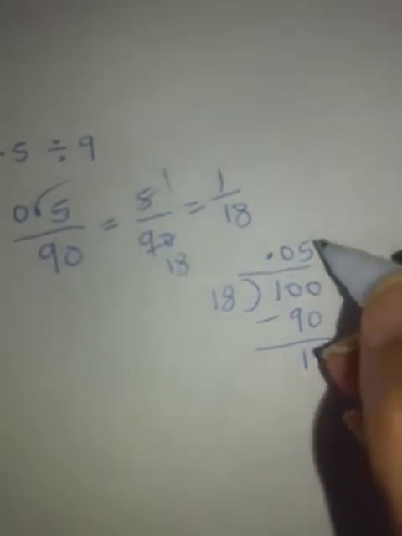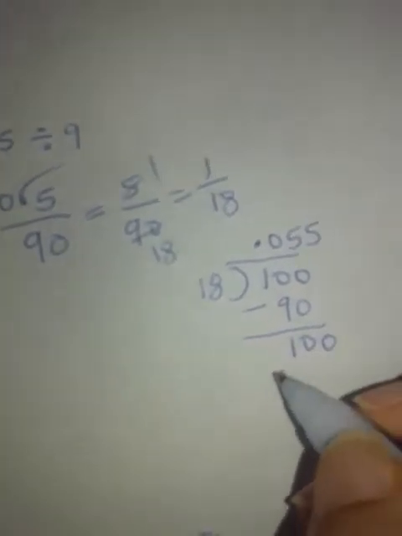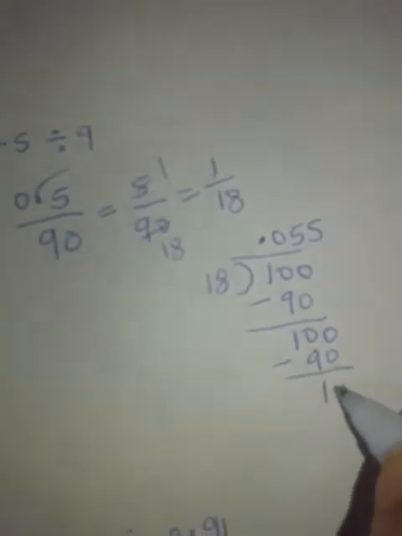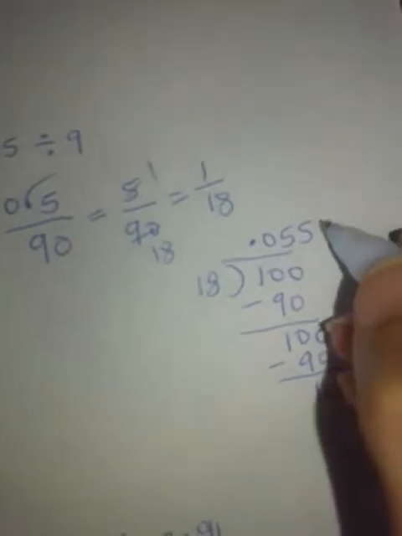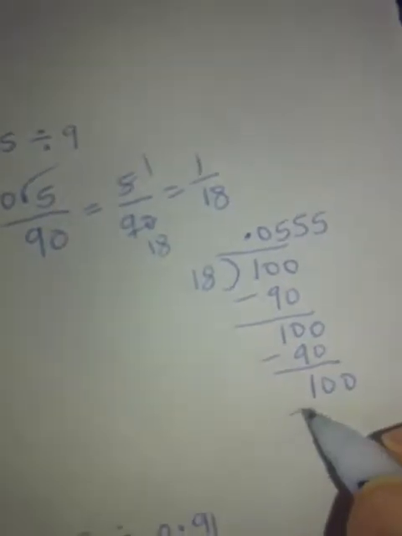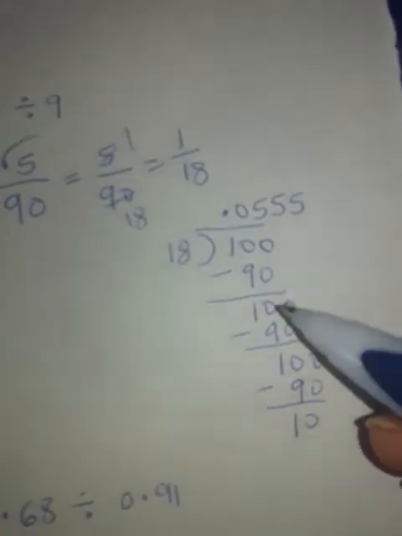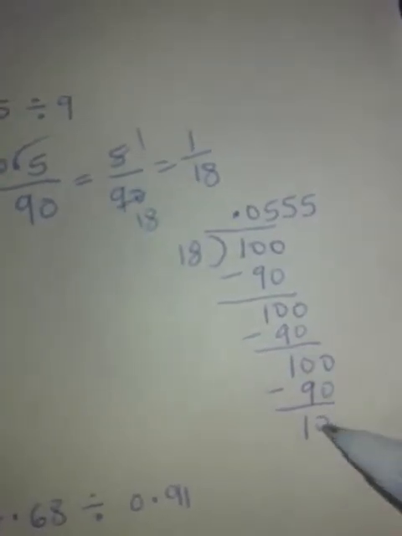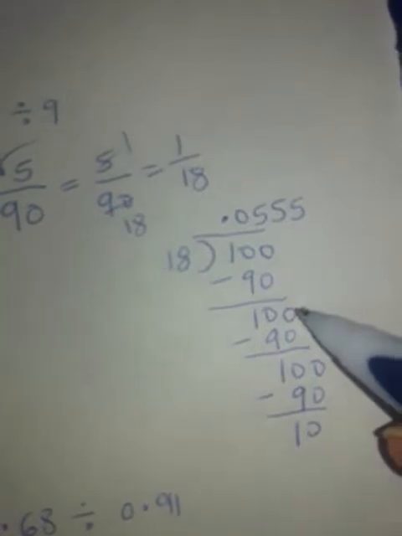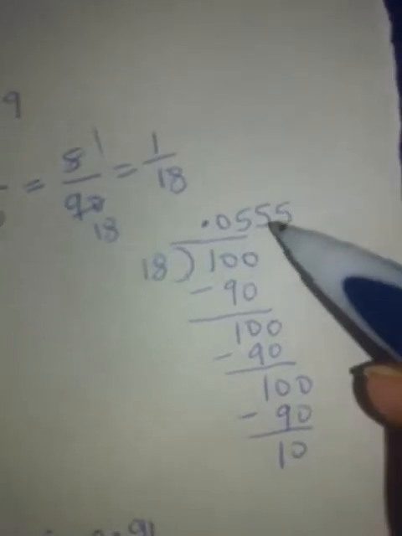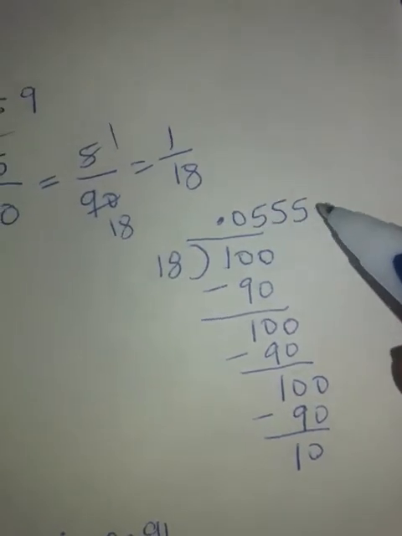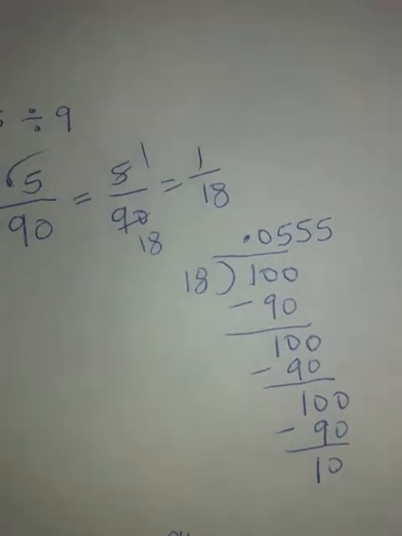Now 0, again 18 fives are 90. Again a 0, again 18 fives are 90. Do you notice something? What is happening? See, the remainder is always going to be 10. I always need a 0 and then I'll always have a quotient 5, and 5 will repeat itself.